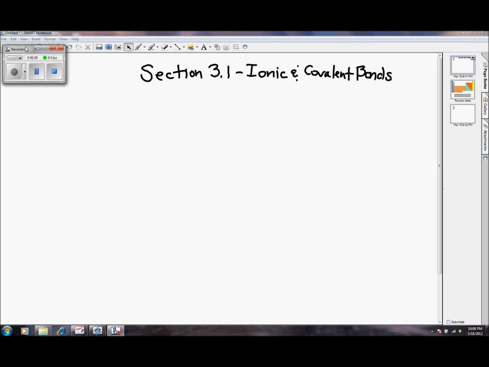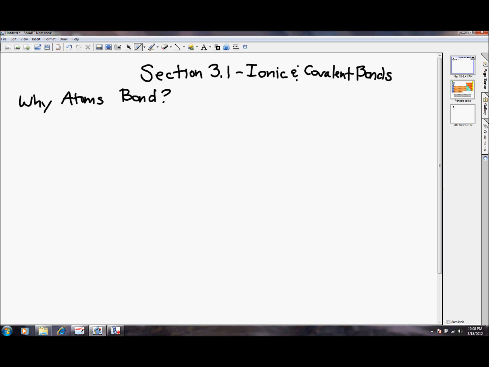Okay, so this is a review of section 3.1, ionic and covalent bonds. So we're going to begin with the question, why do atoms bond?